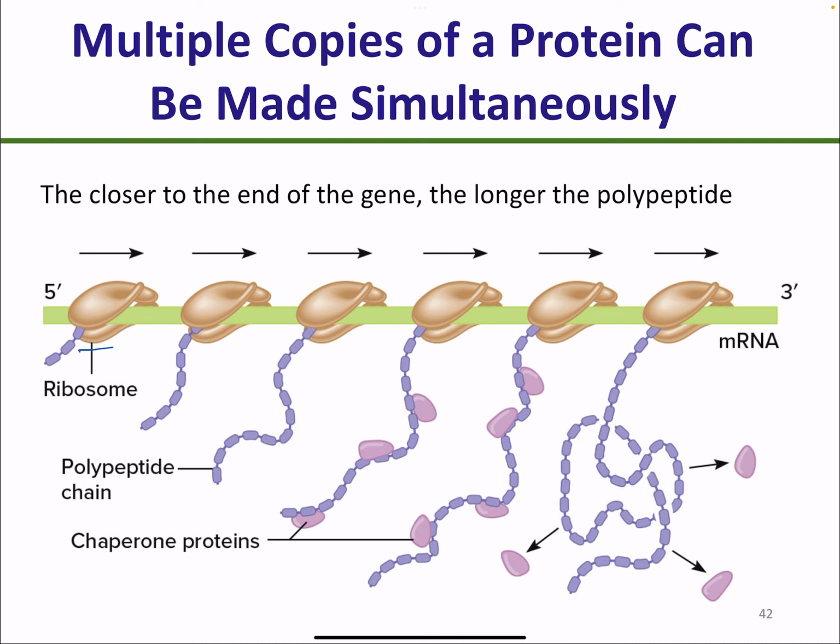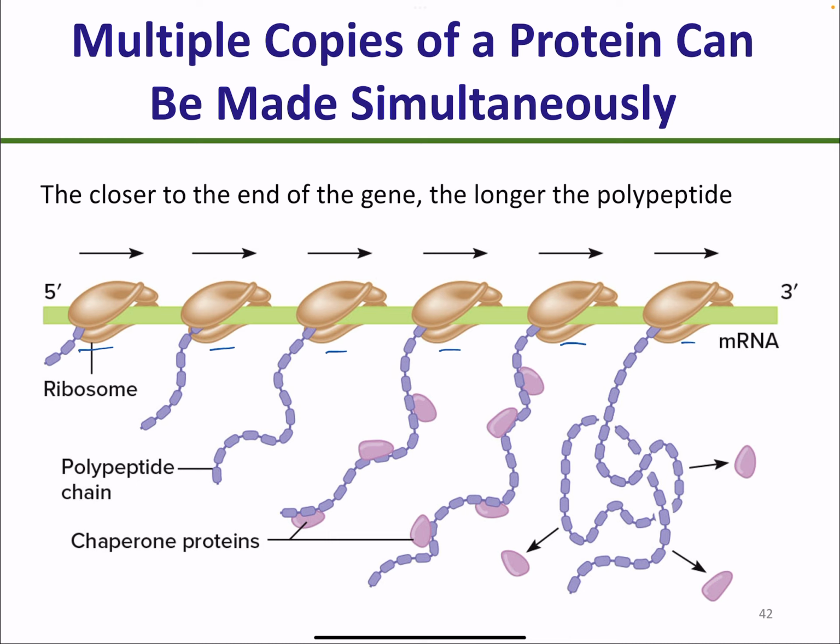You have multiple ribosomes that are going to read the messenger RNA, so that you are going to have many proteins produced at the same time.